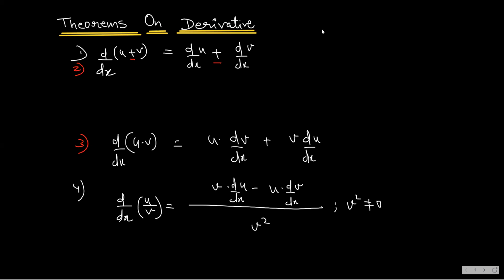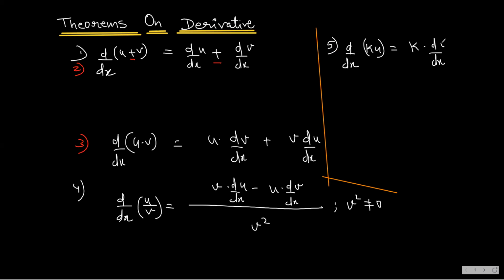And the fifth theorem that we did last year was d by dx of k into u, where k is a constant. It is k times d by dx of u. We have already proved these theorems. If you want a revision of this, you'll have to watch that video.